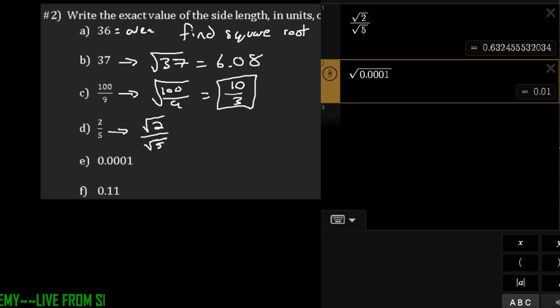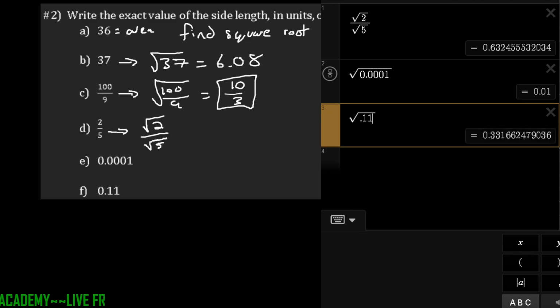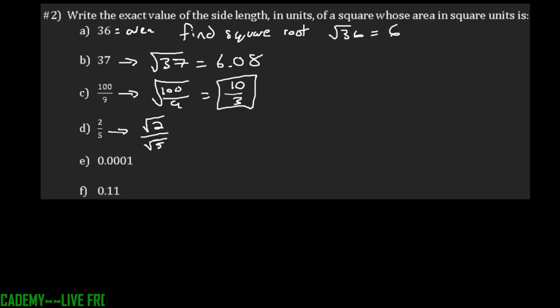So the side length is 0.01. And lastly, square root of 0.11 is going to be that number. So make sure you can have those in there for yourself. Again, if you need to pause, feel free to.